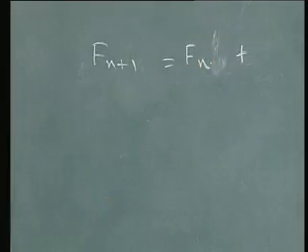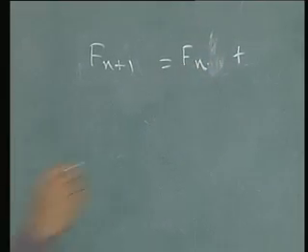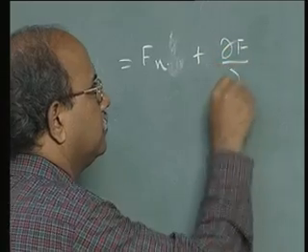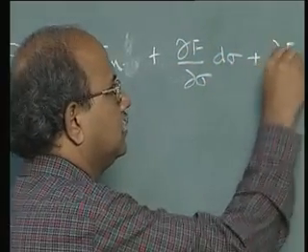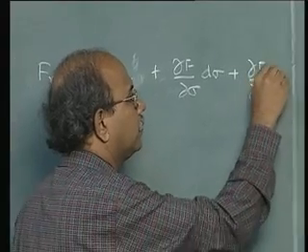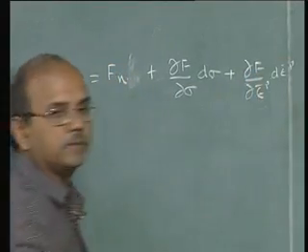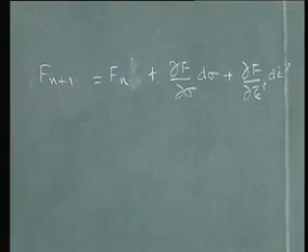We'll give meanings to this in a minute, plus dou f by dou sigma d sigma plus dou f by dou epsilon bar p d epsilon bar p. So this is plus, of course, higher order terms.